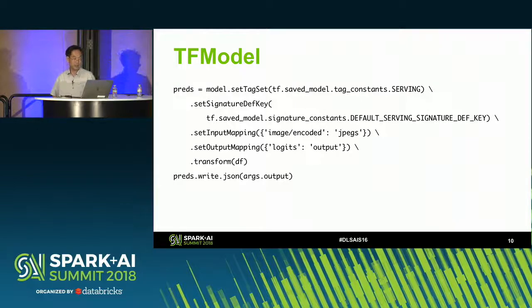And as all models are, when you invoke transform, this is actually lazily evaluated. So nothing happens at that point. In the Spark world, magic happens when you invoke the action. That'll happen at the write JSON step. As part of this lazy evaluation, there is a limitation. The model that you store on disk and the model that we load here must fit in memory of an executor.